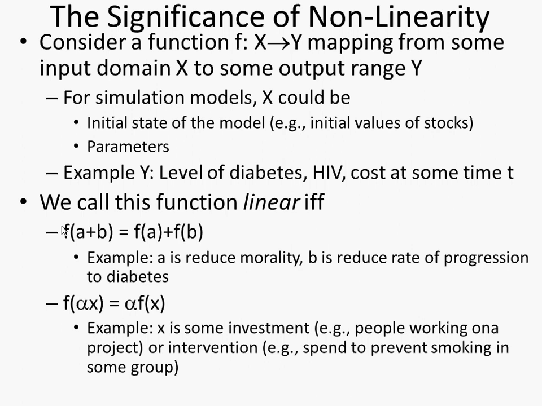Maybe it's parameter values, initial values of the parameters, these constants like how quickly or likelihood of moving through the system. But it could also be the initial state of that system. And Y might be some quantity in the model: the level of diabetes, the level of HIV, some cost that's been accumulated, the success of your business in terms of market share, any number of different things.